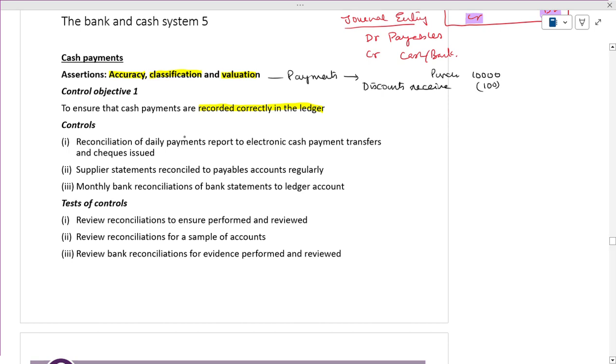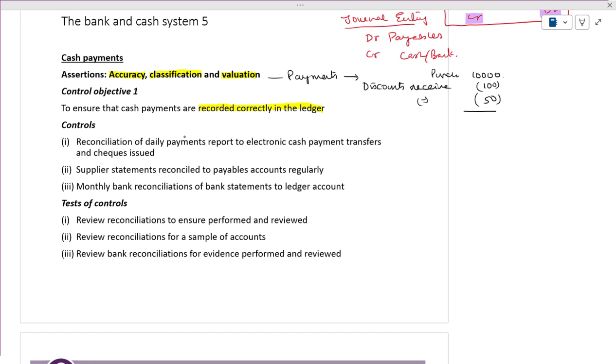Now, in some cases there will be some damaged goods. For those damaged goods, we will not pay. Assume you have damaged goods of 50. Then you will take everything into consideration, any subsequent items related to purchases.